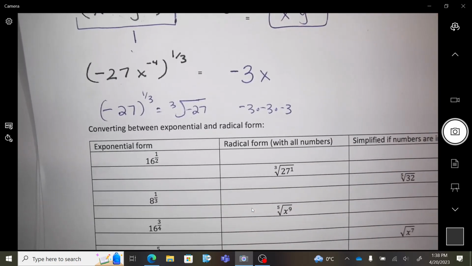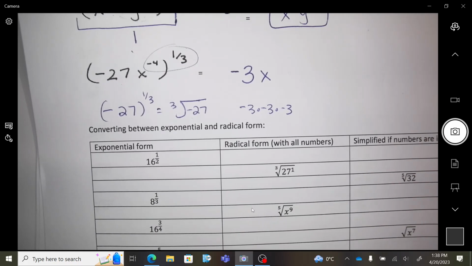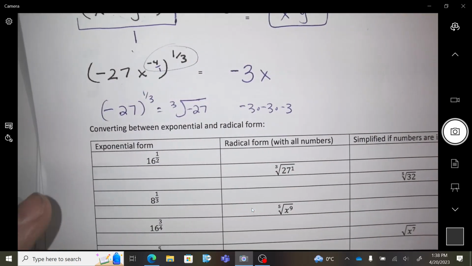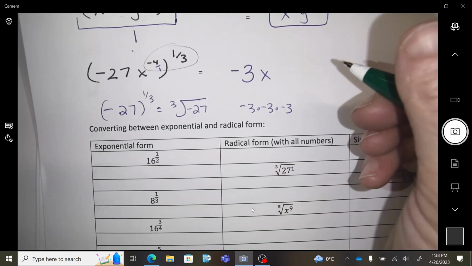X to the, and the power rules. When you do exponents, those are the rules. When you do coefficients, it's just the math. So what is the rule here? Multiply. Are you okay if I put this over a 1 just to keep my stuff lined up in my brain? What multiplies on the top?